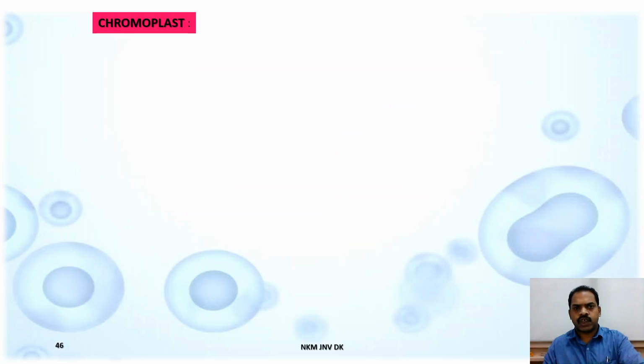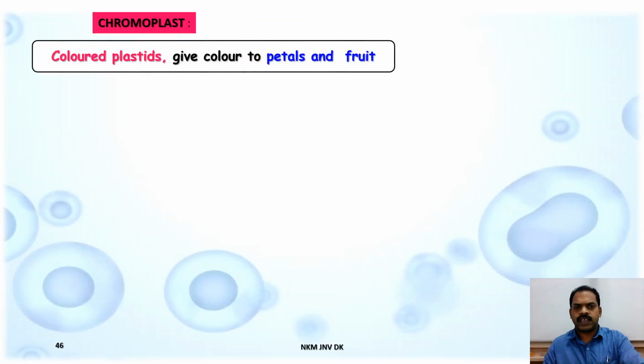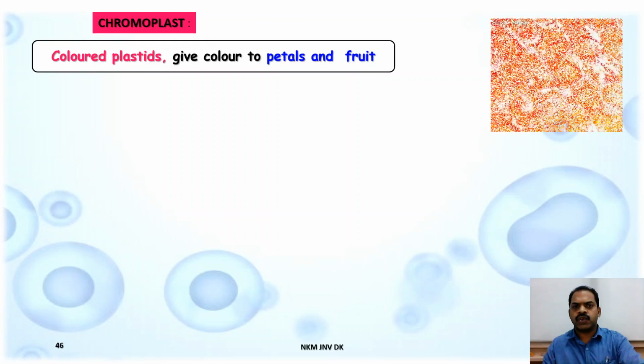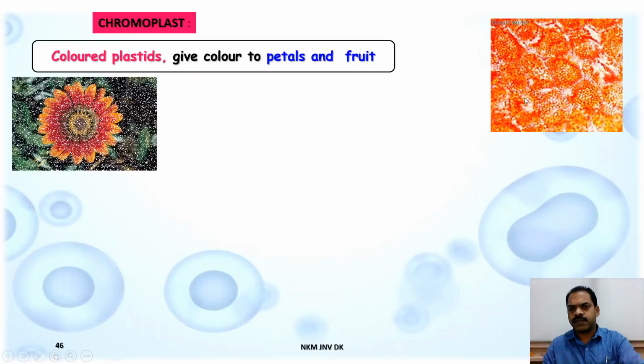First let us discuss chromoplast. Chromoplasts are the colored plastids which give attractive colors to the petals and fruits. You can see the cells filled with chromoplast.